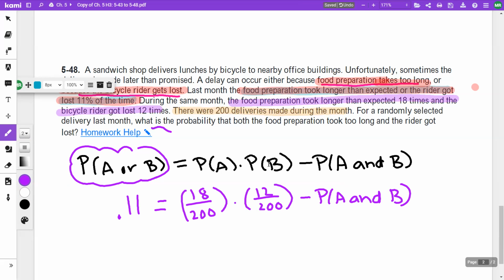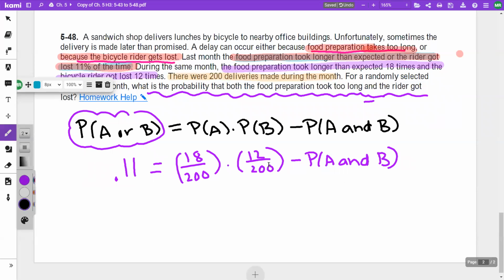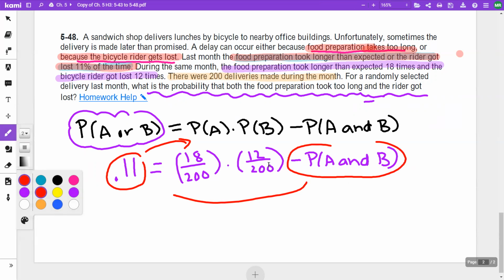They want to know the probability that the food preparation took too long, and that's a key word here, and the rider got lost. That's your A and B. So I would take this and bring it to this side, and I'm going to take this and bring it to this side.